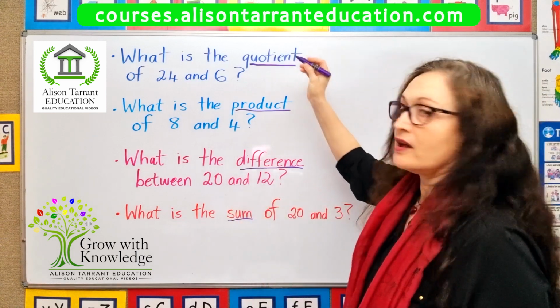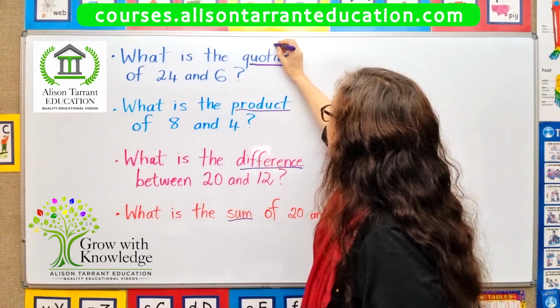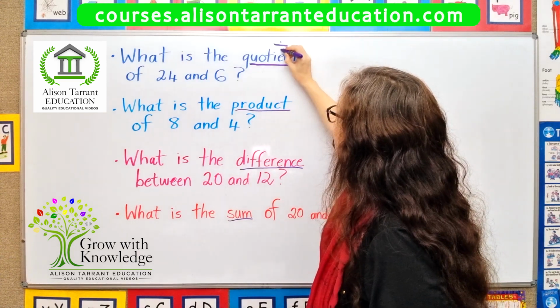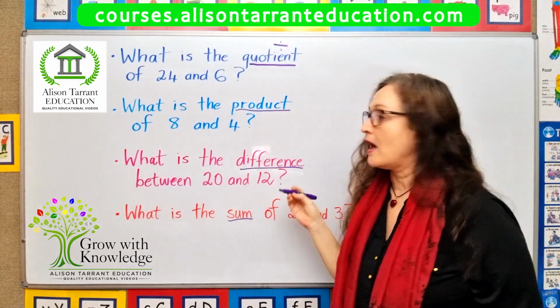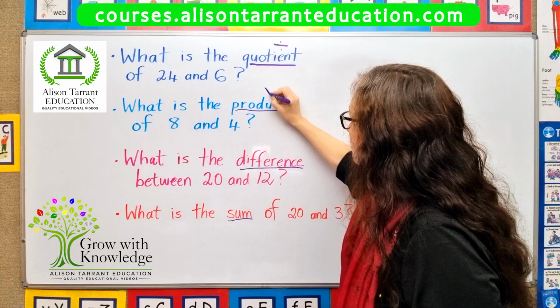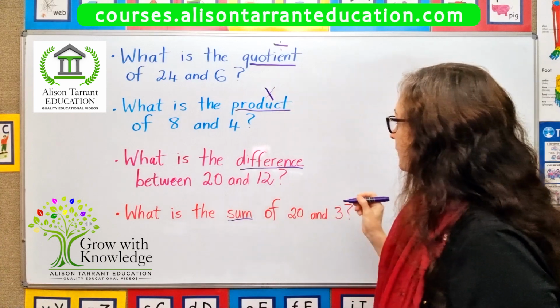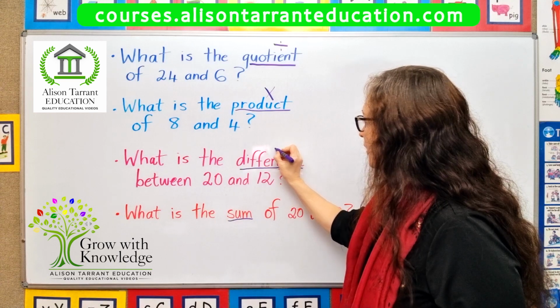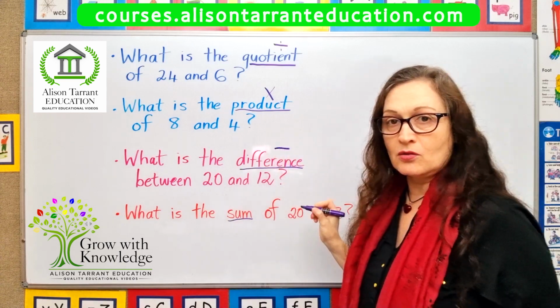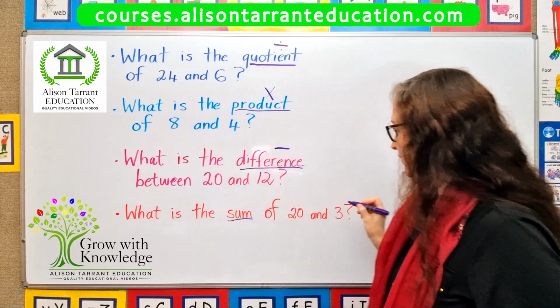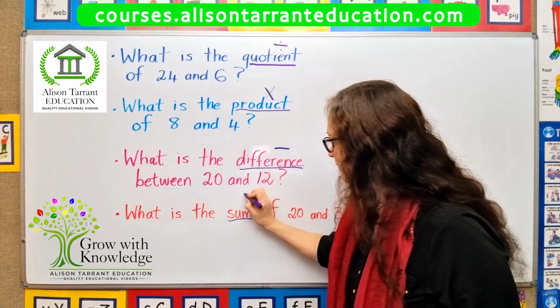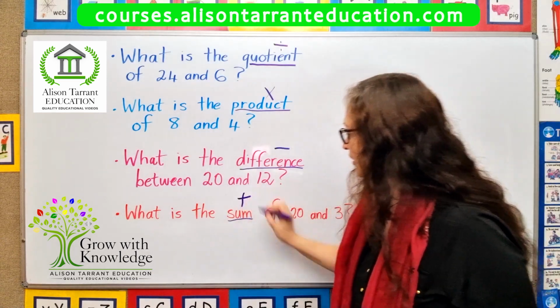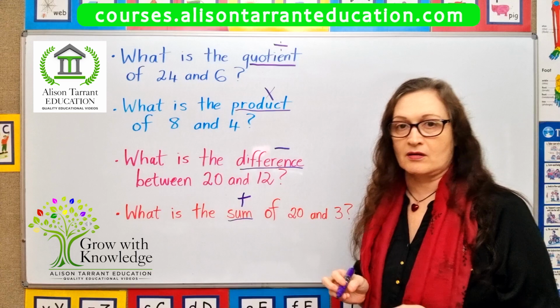So quotient is to do with division. Product is when you're multiplying. Difference is when you're subtracting or when you minus something. And sum is addition or plus.